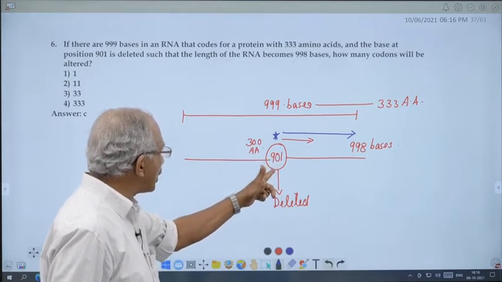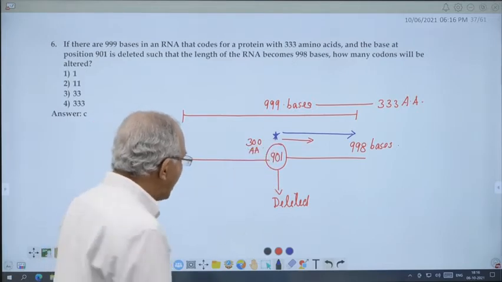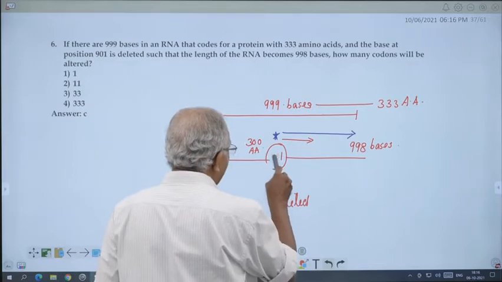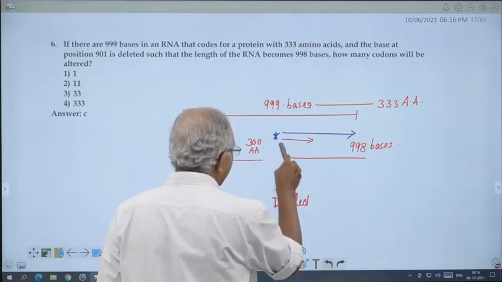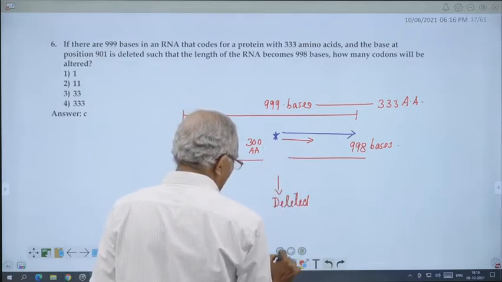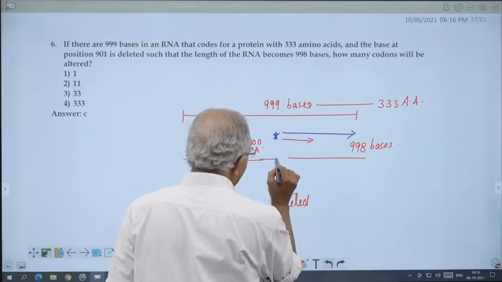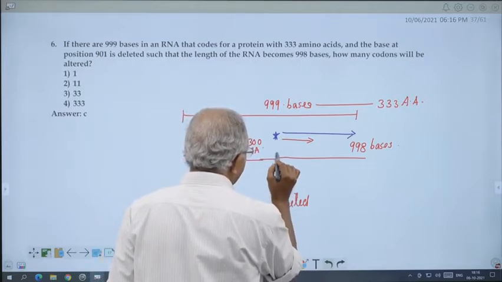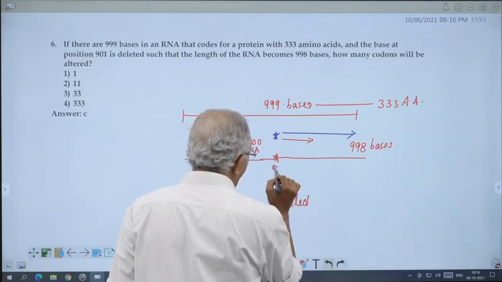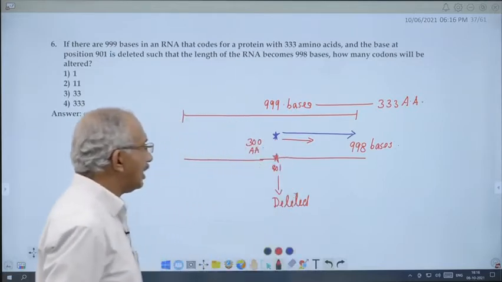At 901 position the nitrogen base is deleted.